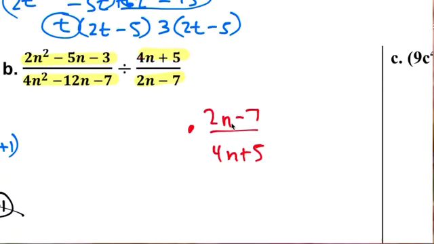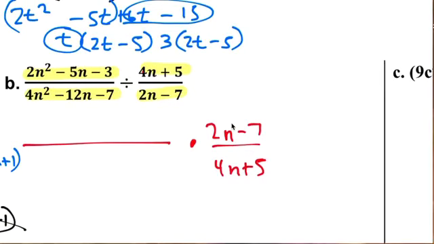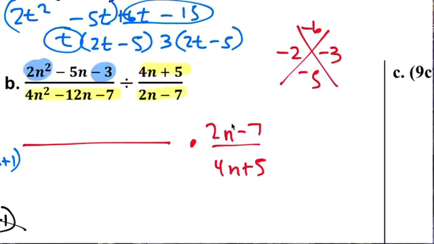Factor by grouping, let's see. Negative 6, negative 5. So negative 2, negative 3. And so factor by grouping would be leave the constant and leading coefficient the same, 2n squared minus 3.